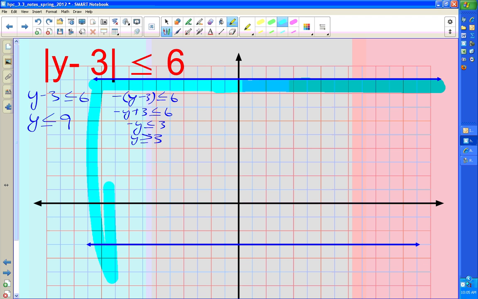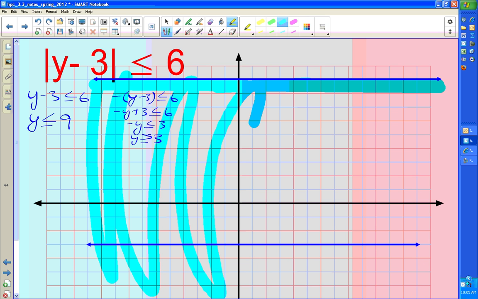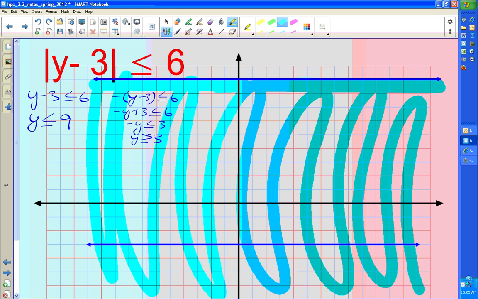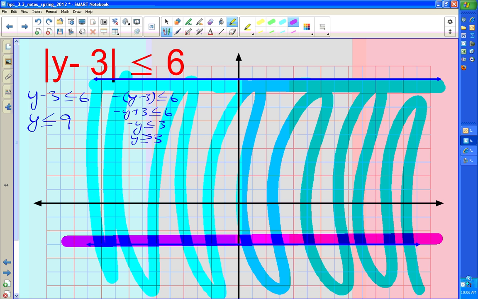So you're going to be doing this all down here. When you plug in the 0, 0 for the negative 3, that's going to be true also. And we're going to be doing this.